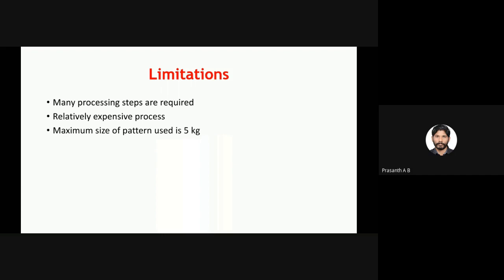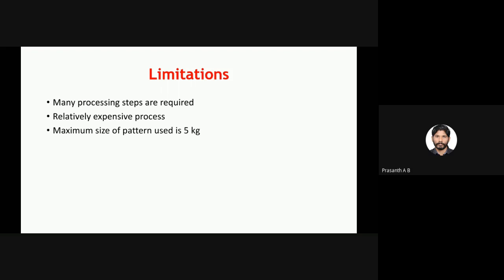The reason is this technique is very suited for cases where very fine or complex details are present. Because of increased fluidity, it can reach every nook and corner. So in these cases, for blades and vanes, investment casting is very useful.